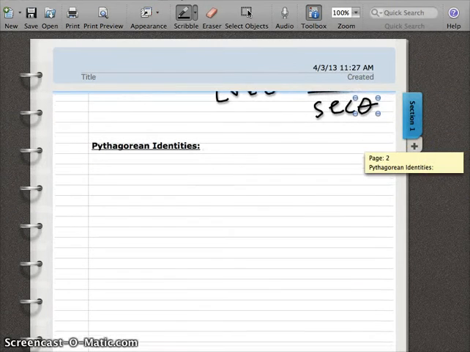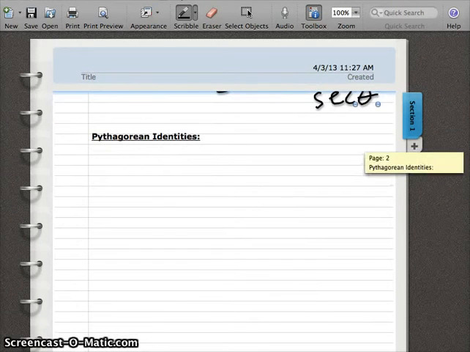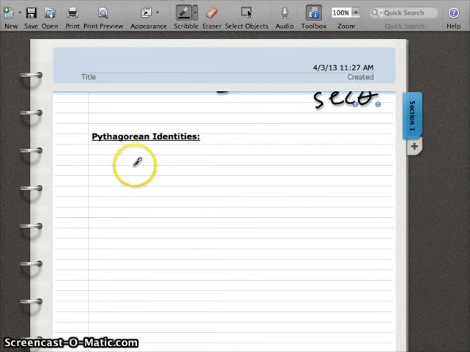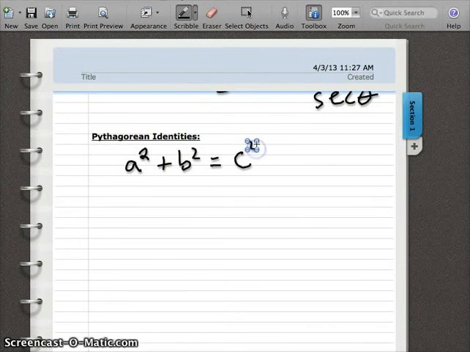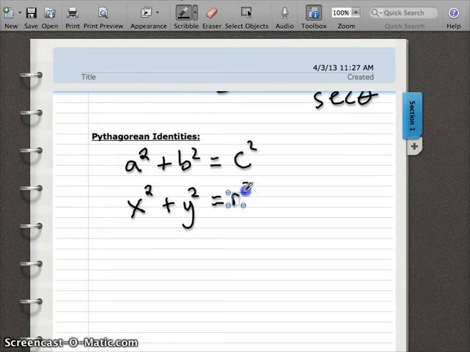The last set of identities for part 1 here are going to be called Pythagorean identities, and these are kind of the trickiest ones. If you think back to the Pythagorean theorem, you know it as a squared plus b squared equals c squared. Well, in pre-calculus and trigonometry, we begin to look at these variables slightly differently. We say x squared plus y squared equals r squared.